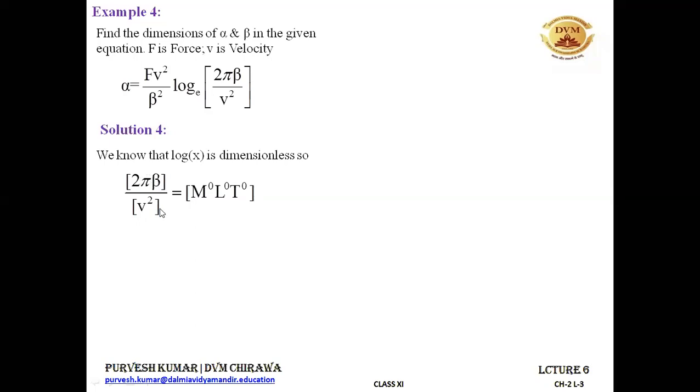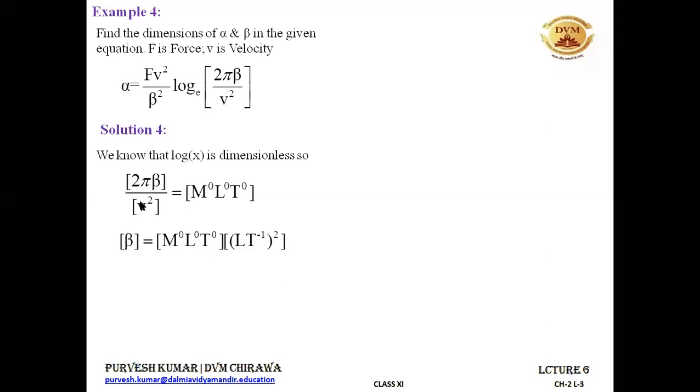So we can write the dimensions for beta is equal to m0, l0, t0, and then we can cross multiply this v square after writing its dimensions. The dimensions for velocity is lt minus 1. We know this. And here we have to write the square of it, because in the equation, v square is involved.